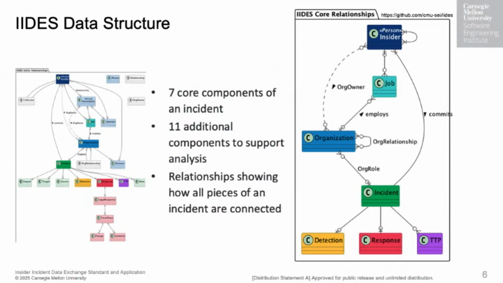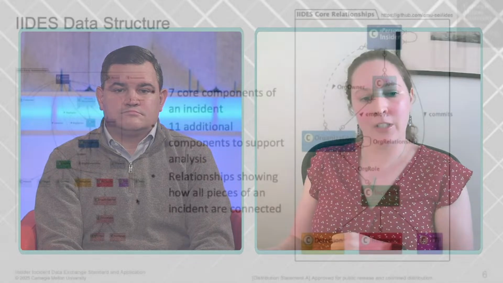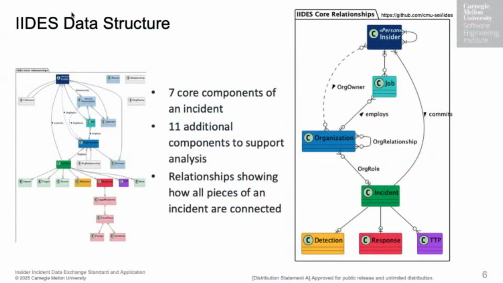We also have organization information, and specific information about the insider, which would include things like insider demographics, but also things like predispositions or stressors as well. And then you can see on the left all of the other additional components that we're looking to support here.